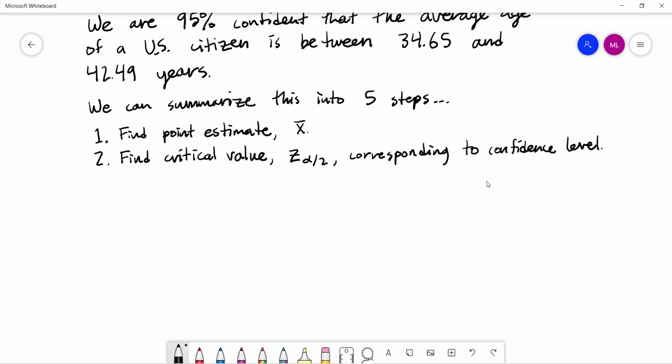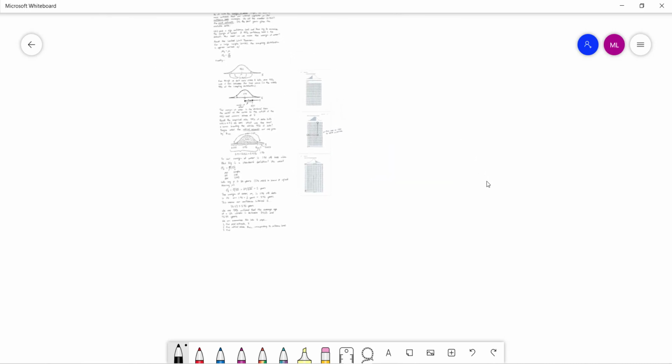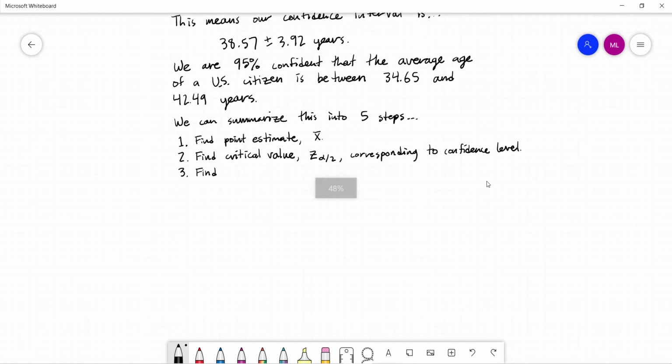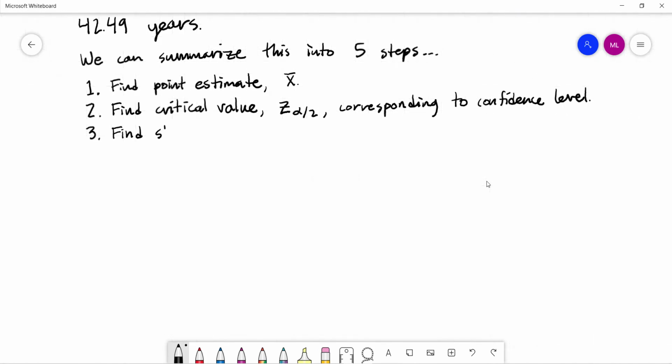Step number 3, we need to find the standard deviation of our sampling distribution, that's sigma x bar. The word that we had for that sigma x bar was the standard error. So find the standard error, which is our sigma x bar value, and it's just equal to sigma over the square root of n.